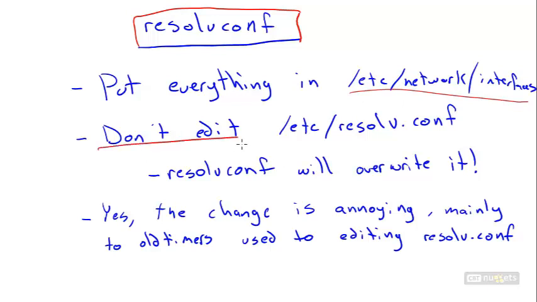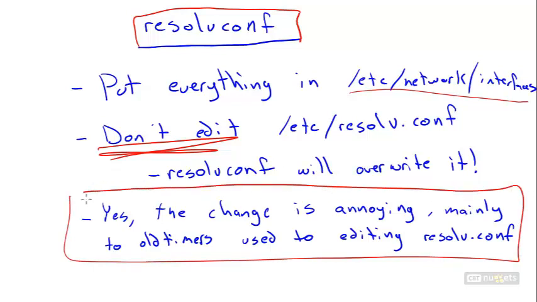Do not edit the /etc/resolve.conf file. Even though that's the way you used to do it, you don't do it that way anymore. The resolve.conf program will overwrite it. And lastly, yes, of course it does annoy me, mainly because I'm an old curmudgeon, and doggone it, it worked fine when I used to have to walk uphill both ways to get to school and configure my DNS or something.